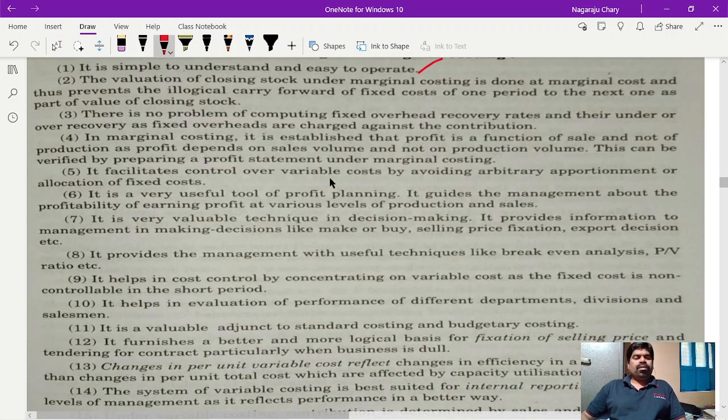Just now we saw that the valuation of closing stock under marginal costing is done at marginal cost and thus prevents the illogical carry forward of fixed cost of one period to the next as part of the value of closing stock.